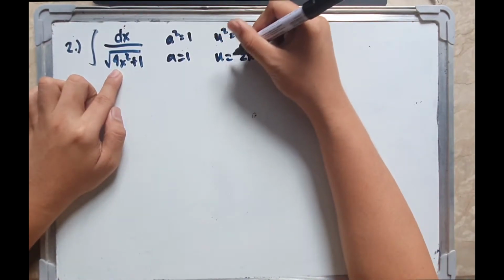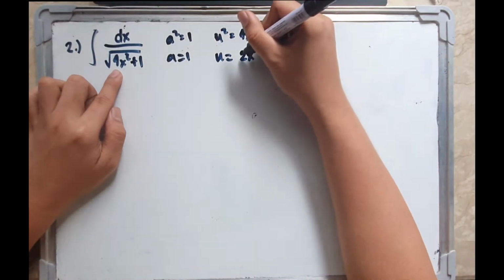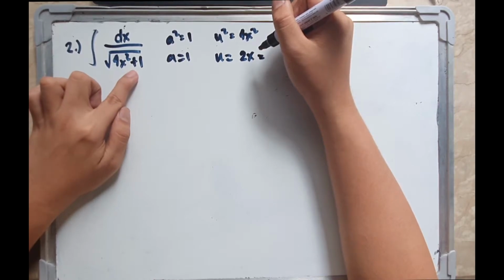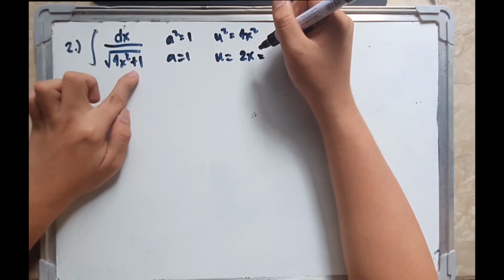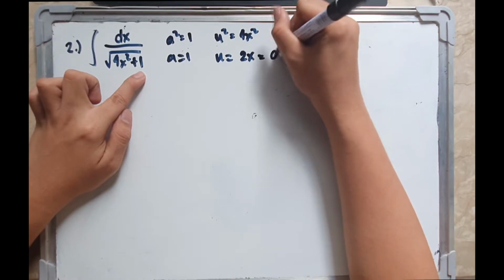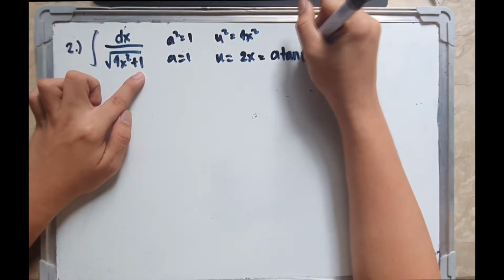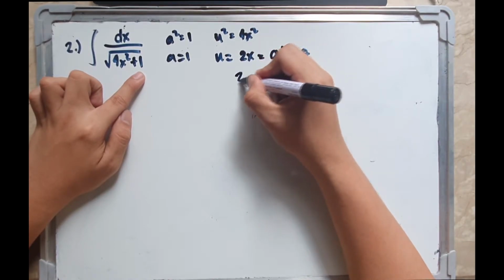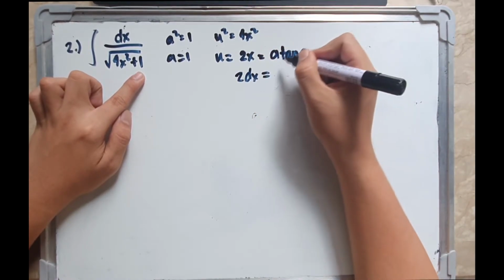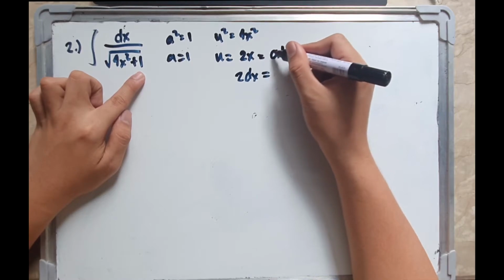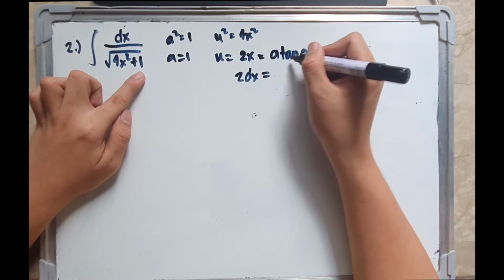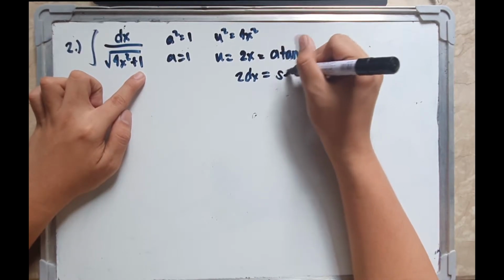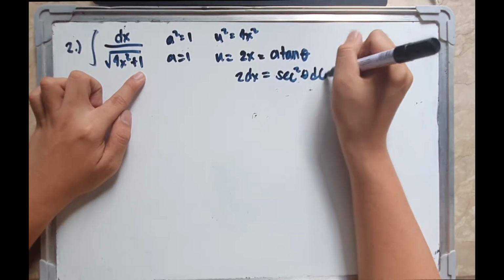What shall we replace with u, the 2x? This is the function plus a constant, u squared plus a squared, so we'll use a tangent theta. The derivative of u, the derivative of 2x, is 2 dx. Our a is 1, so the derivative of tangent is secant squared theta d theta.